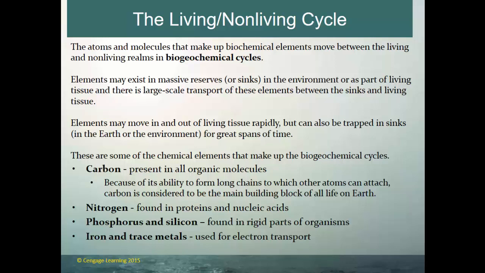There's a massive amount of carbon dioxide in the ocean. There are massive amounts of carbon locked up in rocks, calcium carbonate, sedimentary rocks like limestone. So there are places where you have tremendous amounts of these elements, and they're known as sinks. Elements may exist in these sinks in the environment, or they can exist as part of living tissue. And there is a large-scale transport of these elements between the sinks and the living tissue.